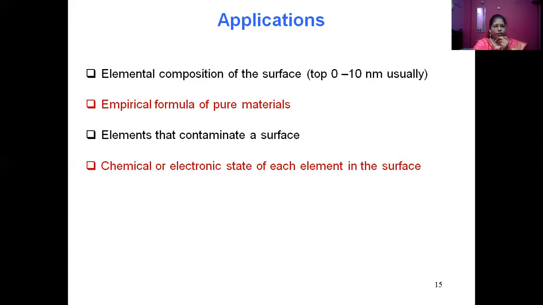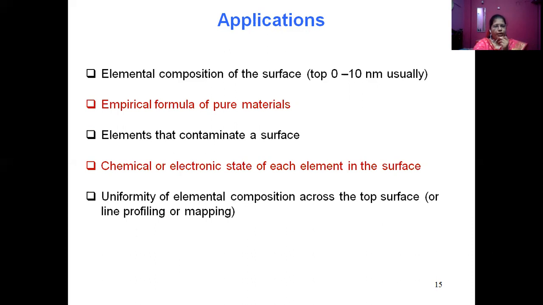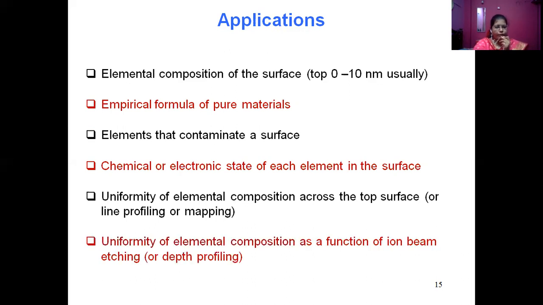Then the chemical or electronic state of each element at the surface can be found. We can check the uniformity of elemental composition across the top surface, and the uniformity of elemental composition as a function of ion beam etching can also be studied using this X-ray spectroscopic analysis.